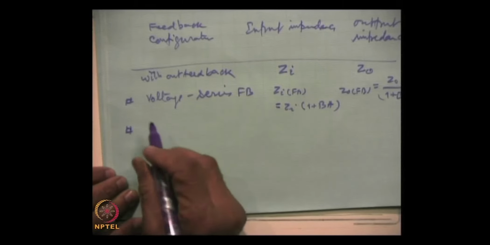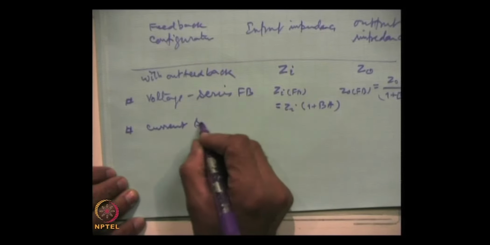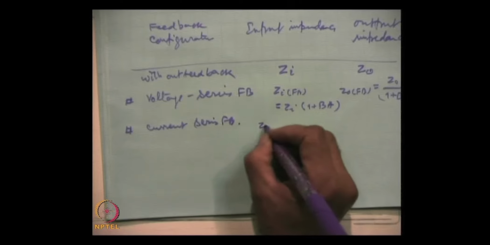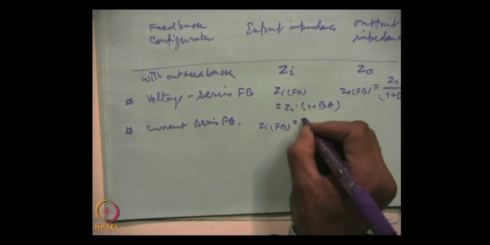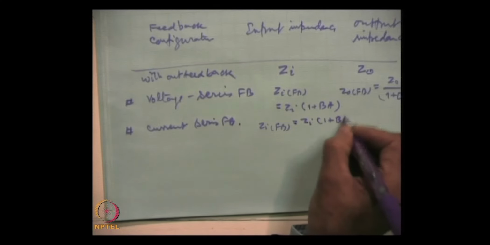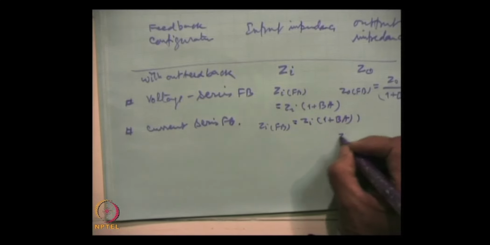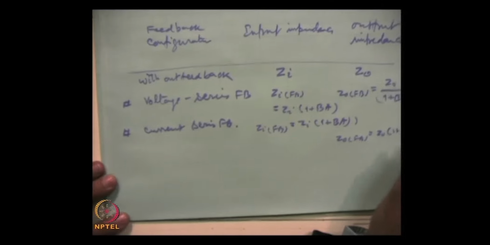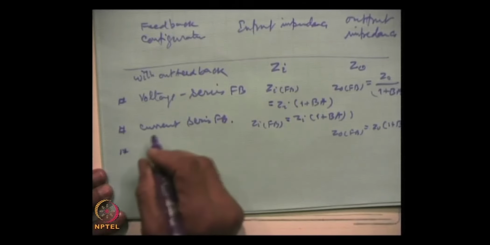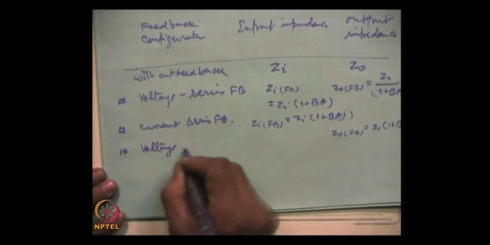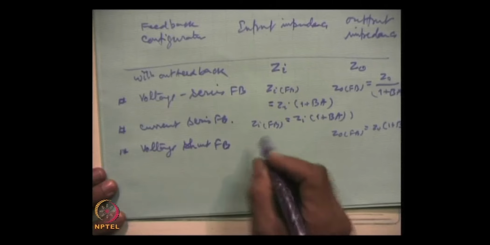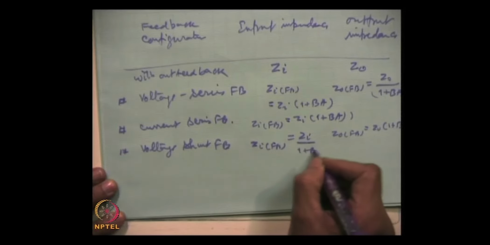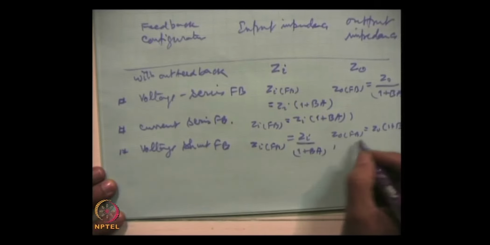For current series feedback, both increase, Z I F B becomes Z I into 1 plus B A, and similarly output becomes Z O F B equal to Z O into 1 plus B A. For voltage shunt feedback, this is reduced, Z I F B is Z I by 1 plus B A, and the output is also reduced.